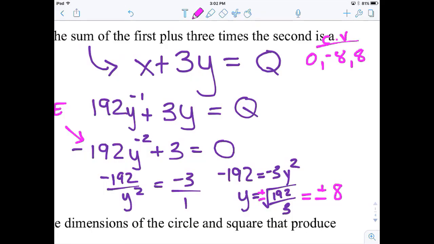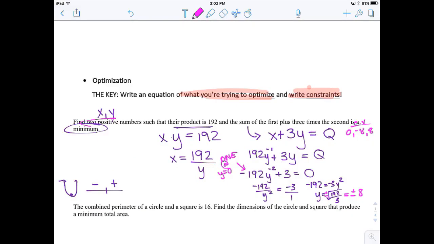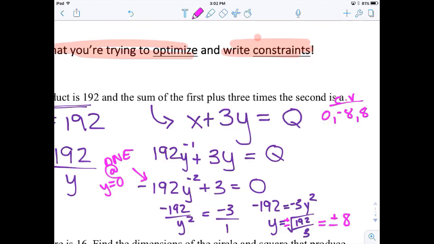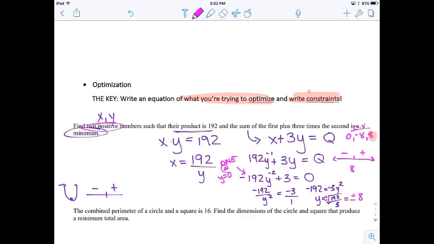And we could test all of them to see which one's a minimum. But notice our other constraint was that they had to be positive numbers. So that means that 8 should be my solution. Now, if we plug in 8, I notice this goes from negative to positive, that means it is a minimum. And so the first number is 8.